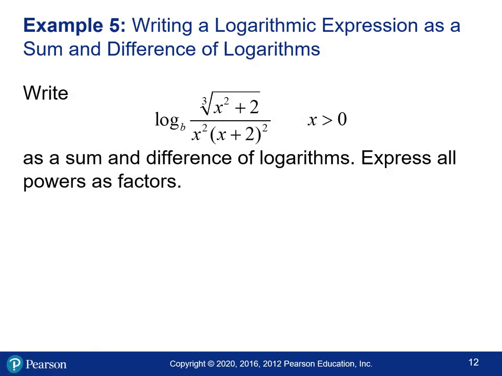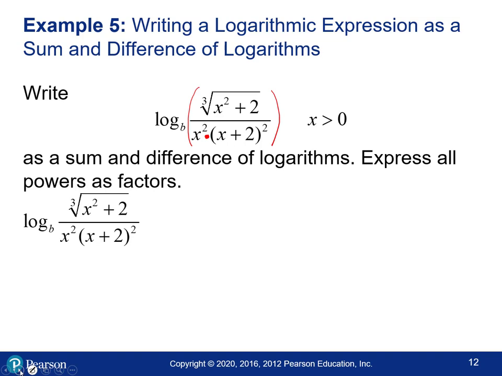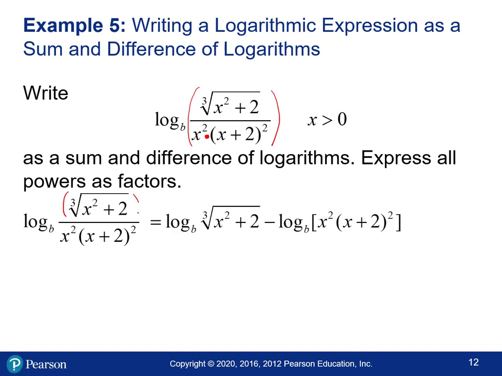Try another one. So we're going to use both sum and difference rules for this one. That's because if you notice, the argument has a quotient. We are dividing the numerator by the denominator, but the denominator has a product. So we're going to use both properties. Okay, so start with the quotient. And so the numerator is the argument in the first log minus the denominator is the argument in the second log.